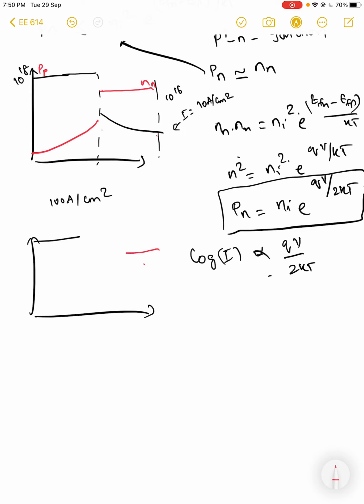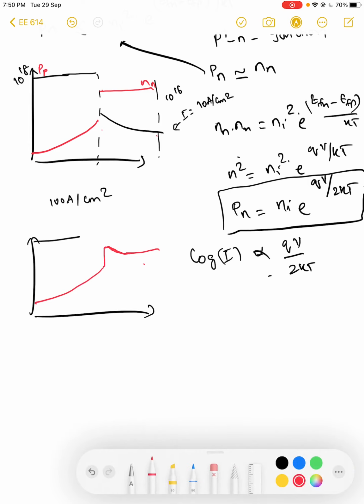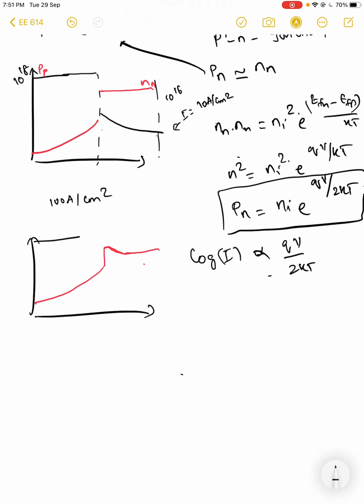That is the doping density. However, close to the junction, it should have a slight increase in carrier density, right? And this at the junction will drop, and then this will have a similar behavior. Whereas this P has a density which is similar or close to the values of the actual intrinsic carrier density. This is P in N, and this is N in N.